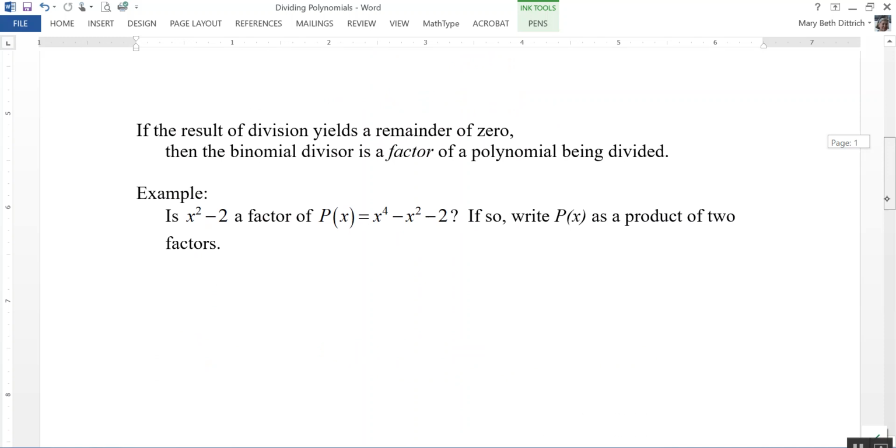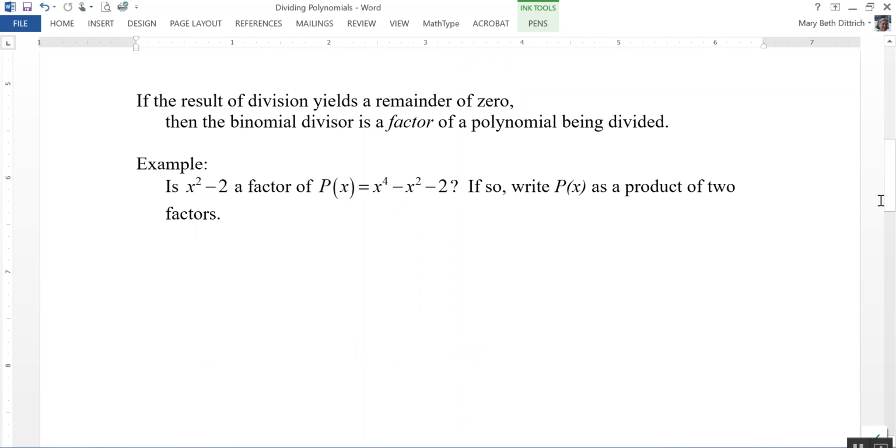If the result of division yields a remainder of 0, then we know that that binomial divisor, what we were dividing by, is a factor of the polynomial being divided. Recall, if there's no remainder, that means that what you're dividing by goes evenly into the dividend. So here's an example.